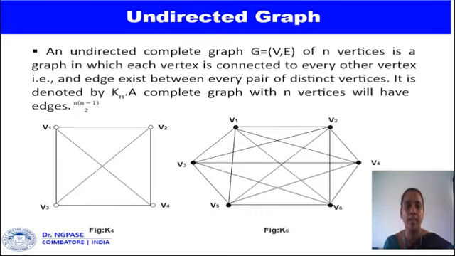As well as if we take V4, I can go from V4 to V1, V2, V3. Likewise for V3, I can travel to V1, V2, V4. If I take the next picture it is also the same: from one vertex I can travel to any other vertex in the graph. So this is known as an undirected graph.